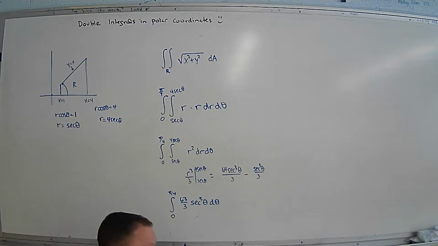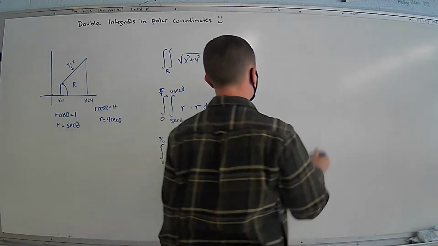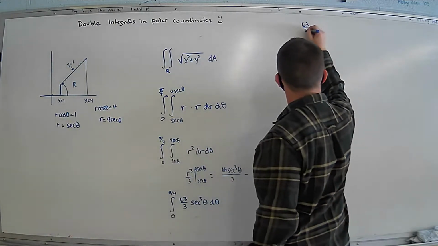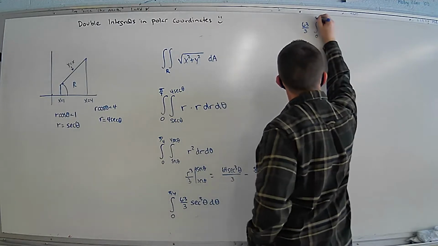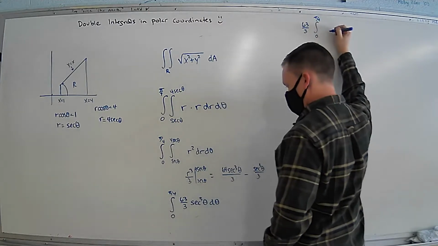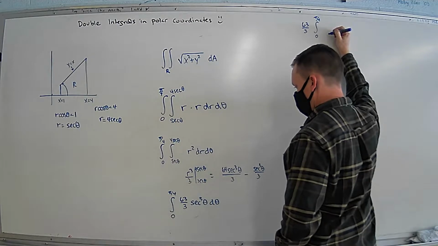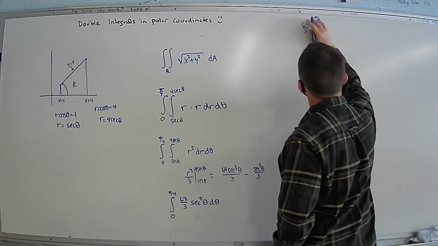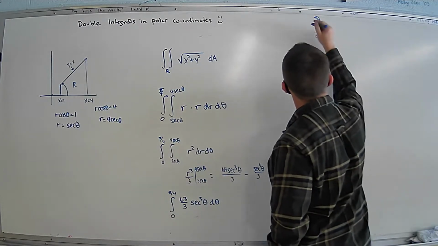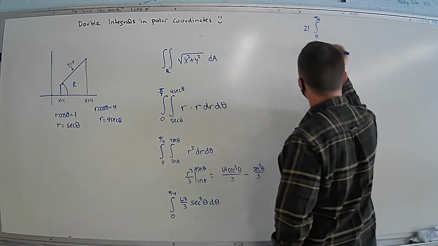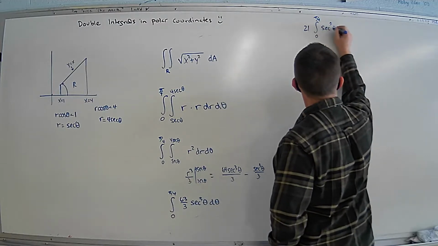So that's 63 over 3, that's 21. So 21 secant cubed theta d theta.